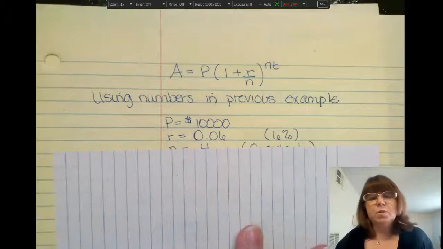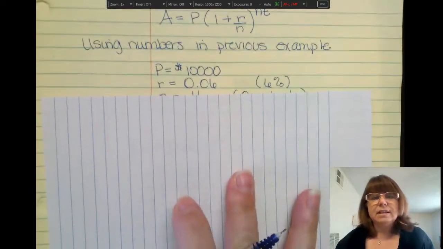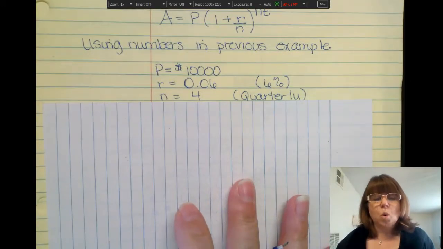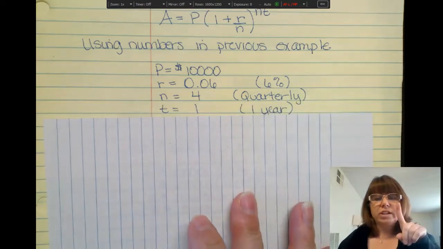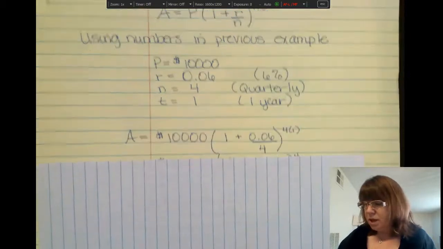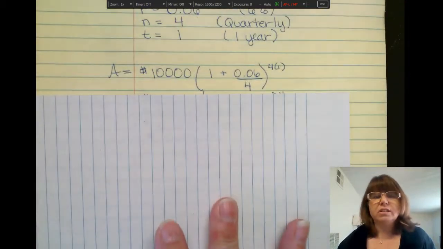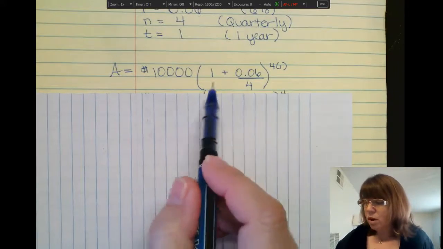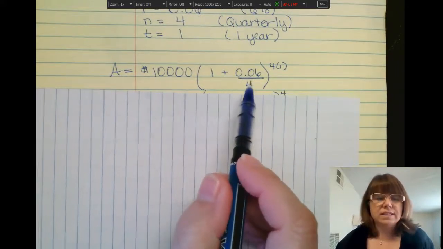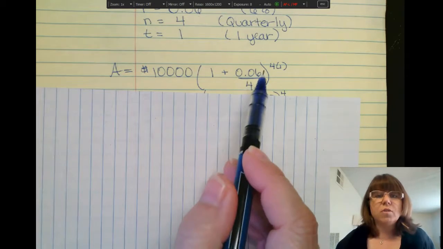R is going to be 0.06. The number of times is quarterly, so it's 4. And our year is 1 year. So I'm going to plug all of that into the formula. So I have $10,000 times 1 plus 0.06 over 4, all to the 4th power.